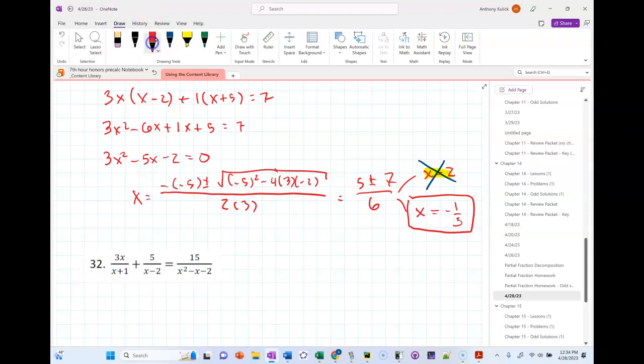So we'll start by factoring. x minus 2 times x plus 1 is the least common denominator. When I distribute that through, I get 3x times x minus 2 plus 5 times x plus 1 equals 15.